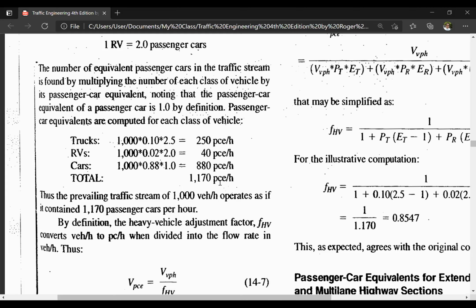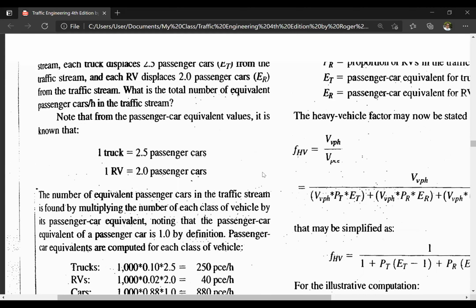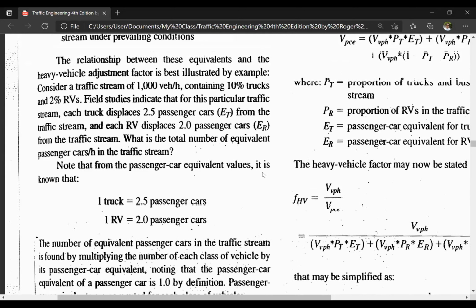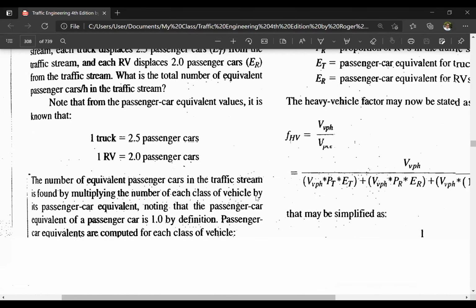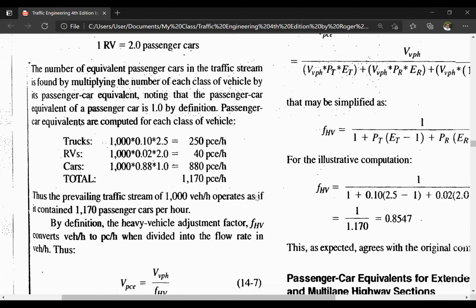So this is something. Traffic stream 1,000, 10% truck, 2% RV. So you can find the total is 1,170 passenger car equivalent per hour.